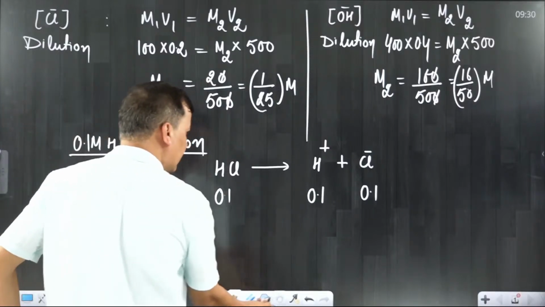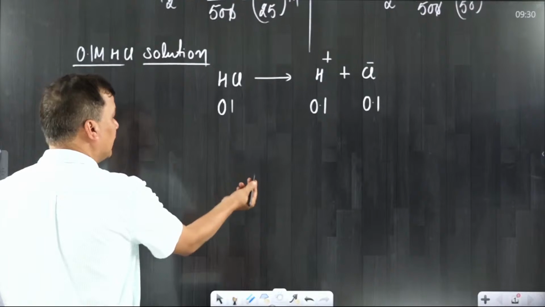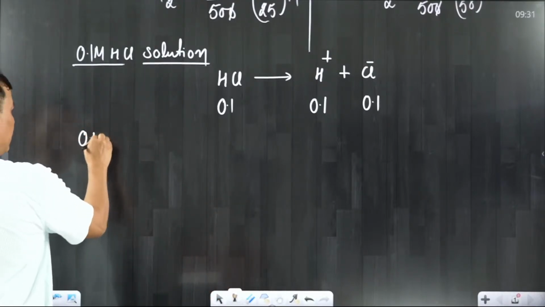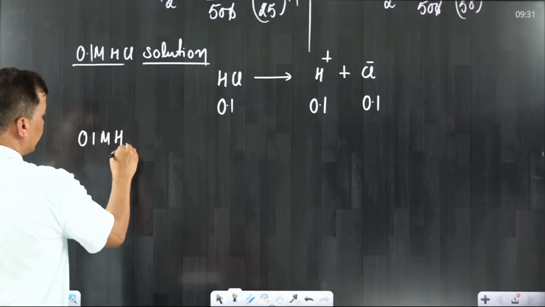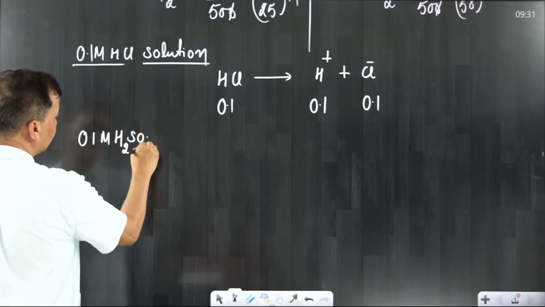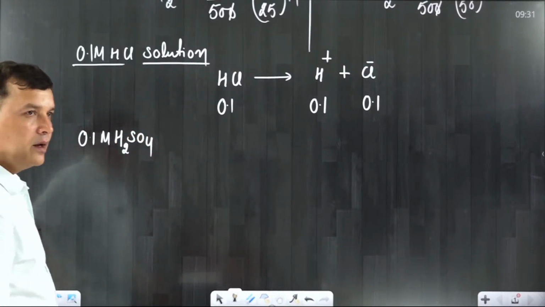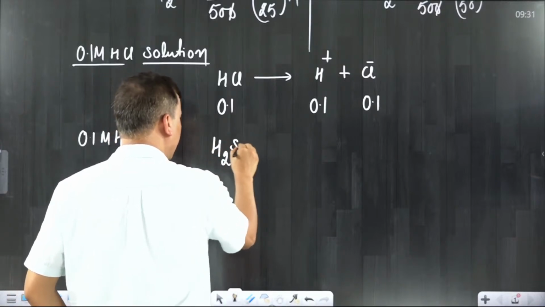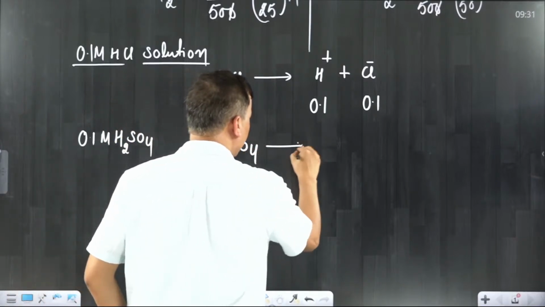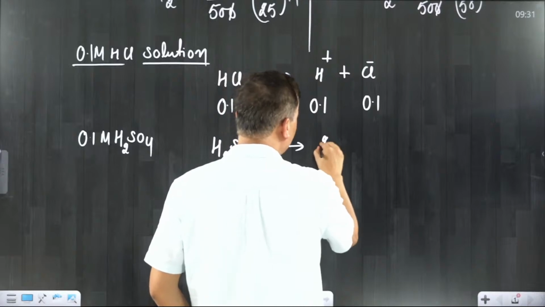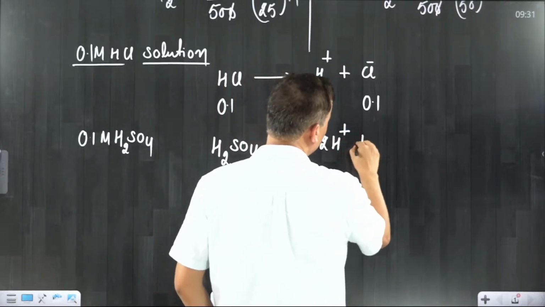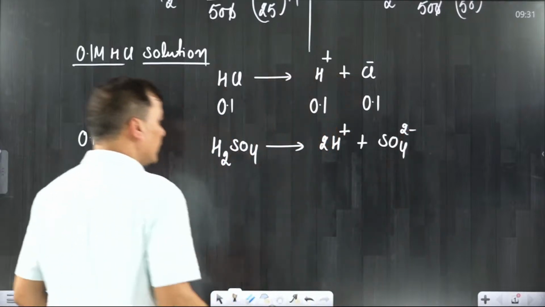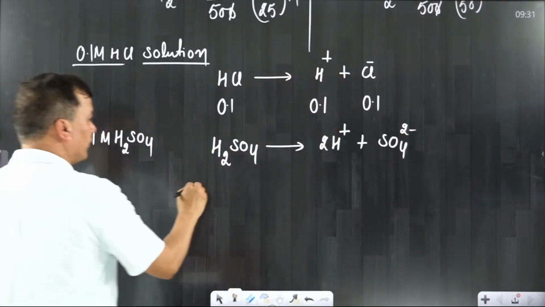So my dear student, now there is 0.1 molar H2SO4, sulfuric acid. It ionizes to give 2H positive plus SO4 2 negative. Now please tell me, what is the molarity of the sulfuric acid?